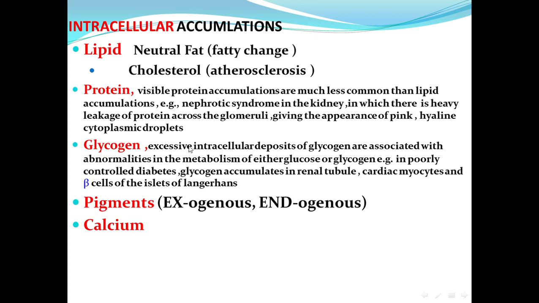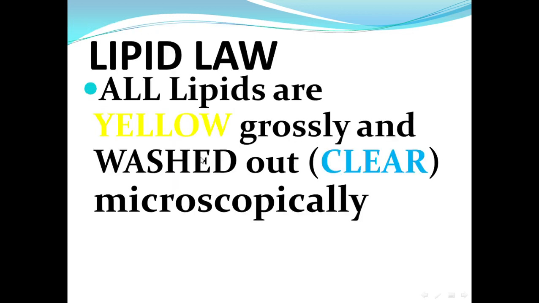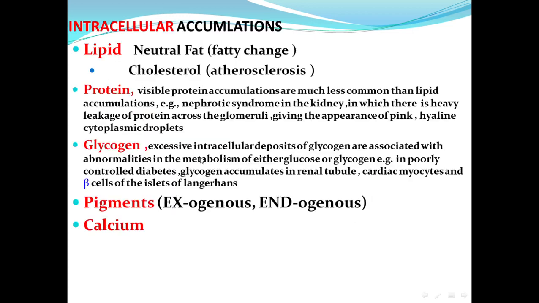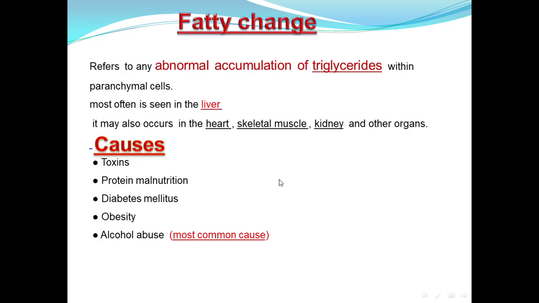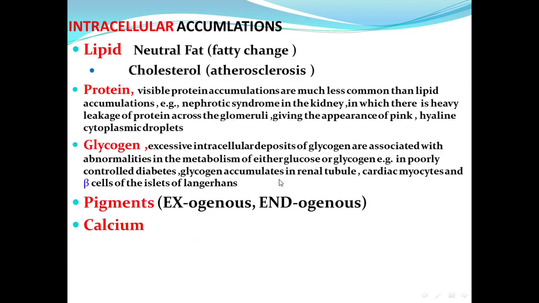Excessive intracellular deposition of glycogen is associated with abnormalities in the metabolism of either glucose or glycogen. Example, in poorly controlled diabetes, glycogen accumulates in the renal tubules, cardiac myocytes, and beta cells of the islets of Langerhans.